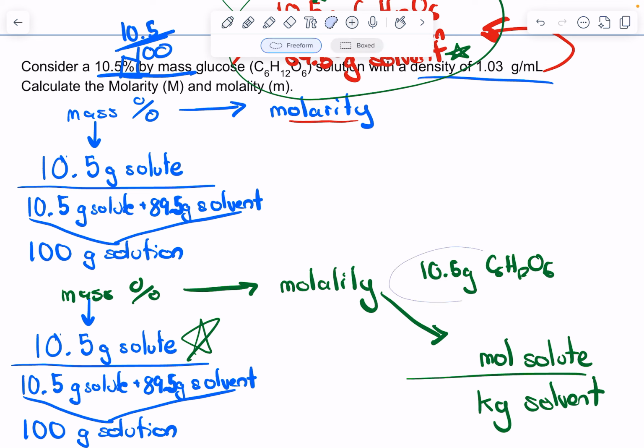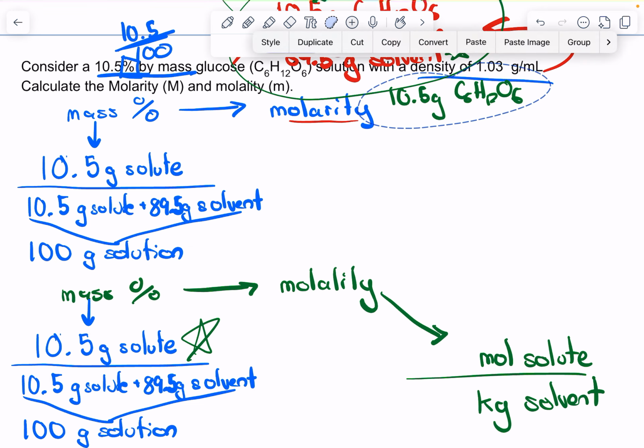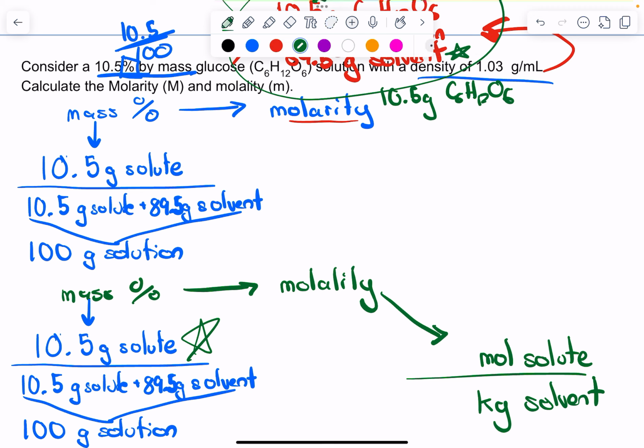You can tell I'm already going to run out of room a little bit. I could put this up here because that's going to be used in the next calculation anyway, so I'll go ahead and do that. I'm going to do a molar mass of glucose, which I know is around 180, but I should calculate out what it actually is.